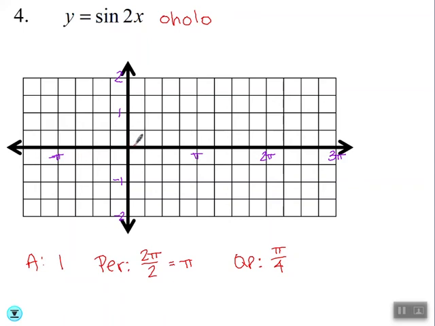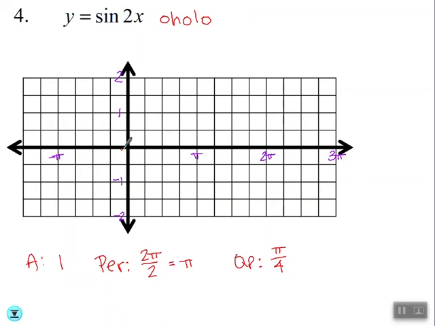Instead of having the regular sine curve that takes 2 pi to cycle, I'm going to condense that so that the cycle happens in pi radians. Here's where the quarter period is helpful. I should have a key point every pi over 4 radians. Since each line is pi over 4, that means I should have a point on each of these lines.